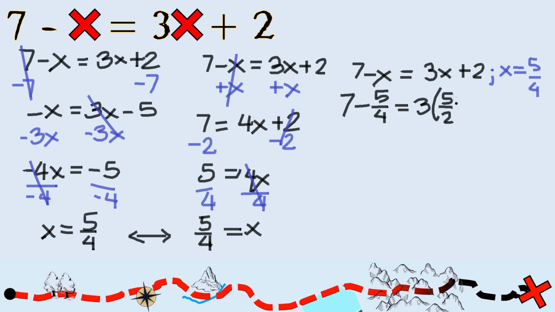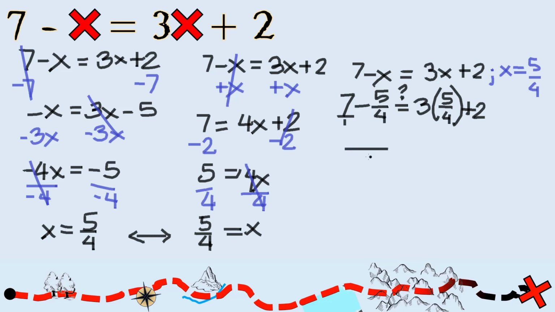So 7 minus 5/4. On the other side, you have 3 times 5/4, and the result of that will be added with 2. Since this is checking, and our goal is only to come up with a balanced equation, let's have a question mark here. Take note that if we are going to add an integer and a fraction, we can represent this integer as over 1, okay?